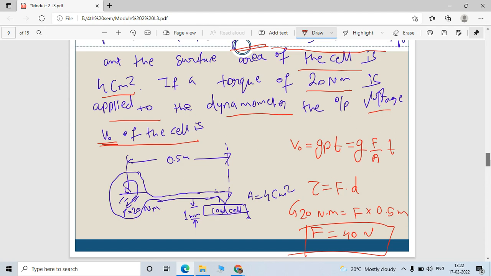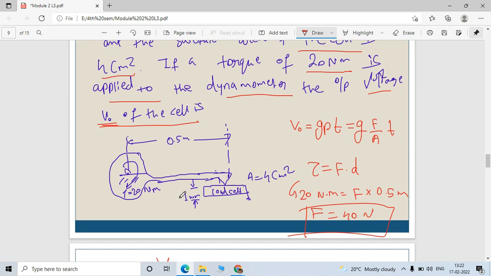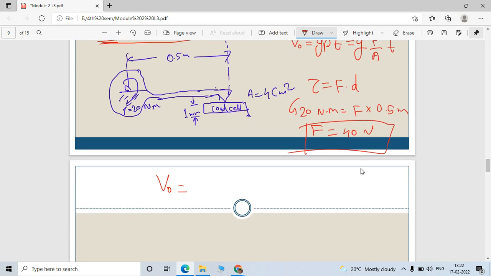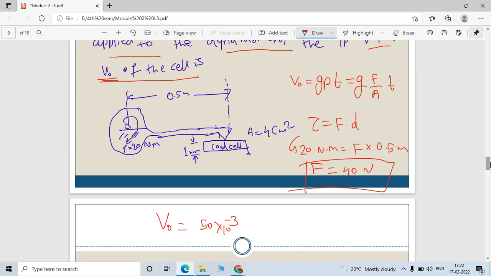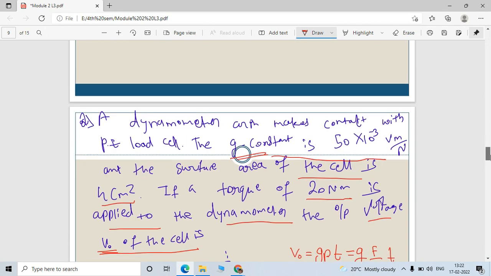Calculate, do the unit conversion properly. This value is given in terms of mm. So G value given to you is 50 into 10 to the power of minus 3, and F is 40, and what is the value of T?